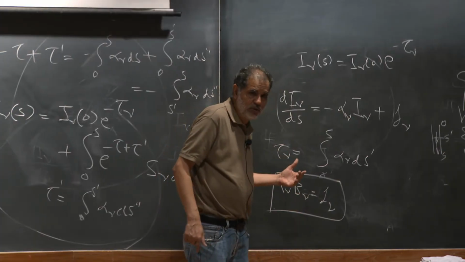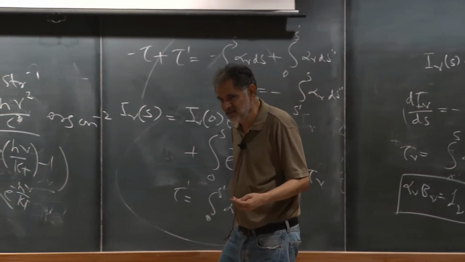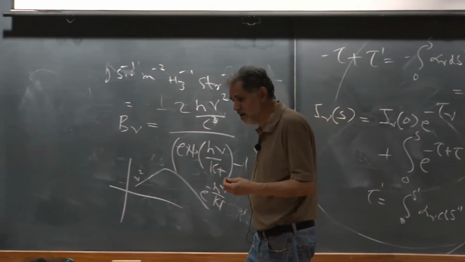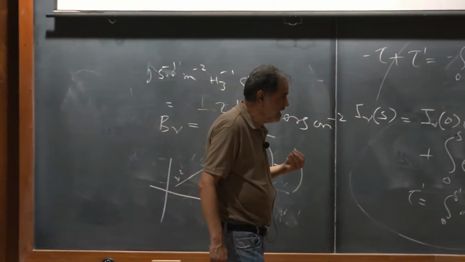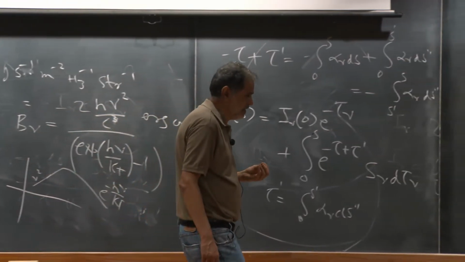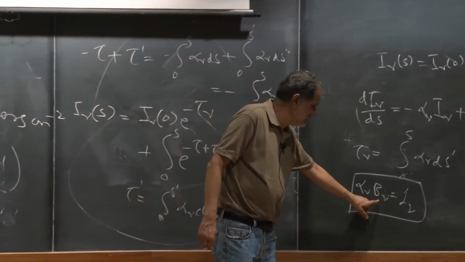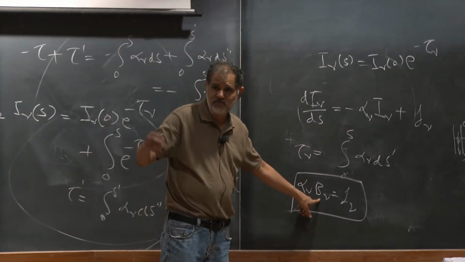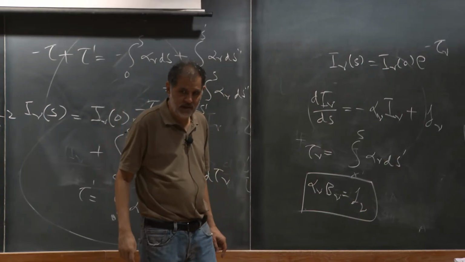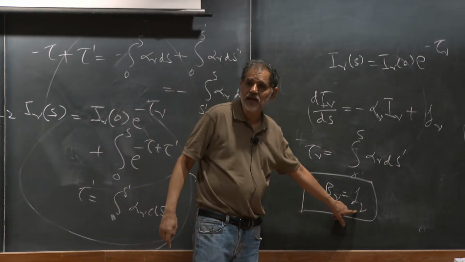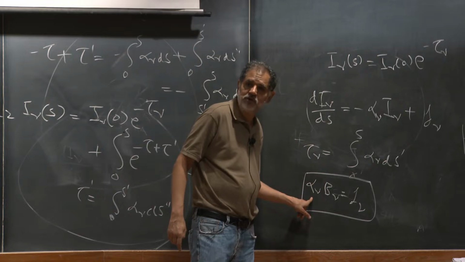This relation is very crucial for another reason, and actually that is the reason which is not always emphasized, and something I am going to emphasize a little more for you. It is that this relation tells me B_nu is an intermediary in the game. It is fixed at a certain temperature. This tells you something incredibly important: if I know how something emits, I also know how it absorbs.